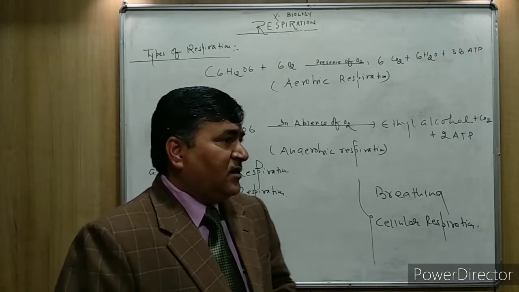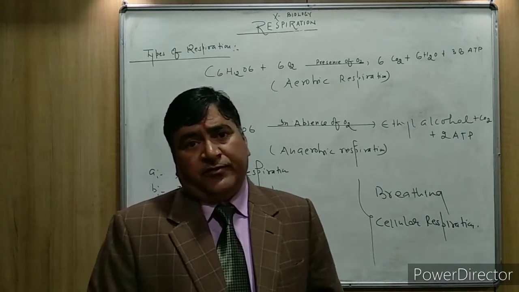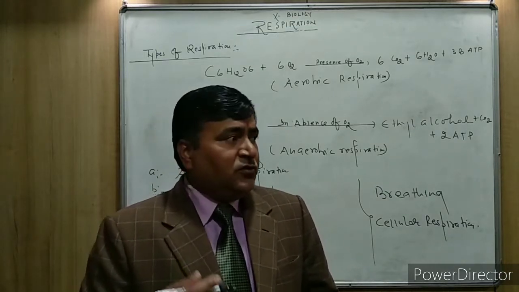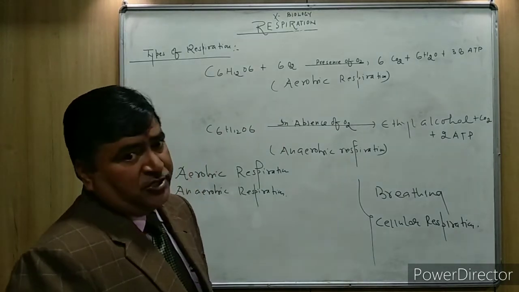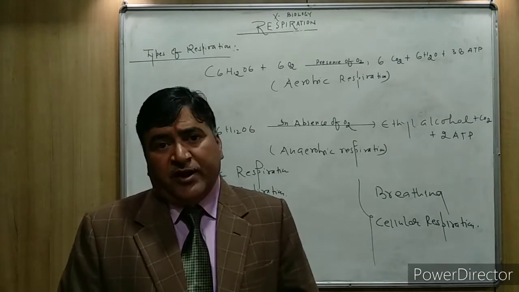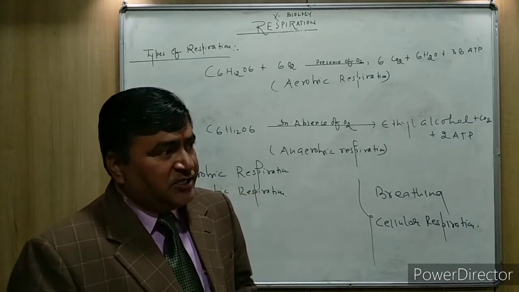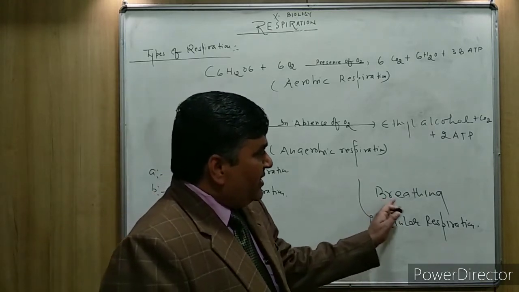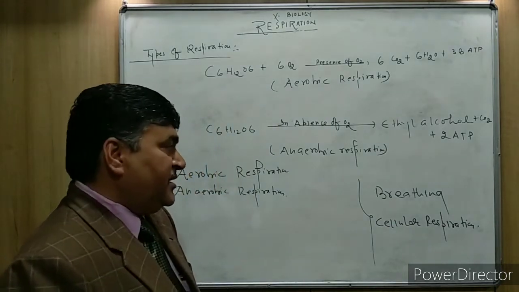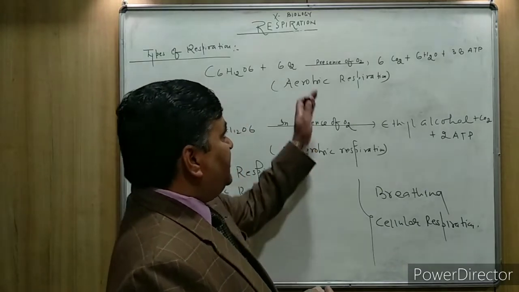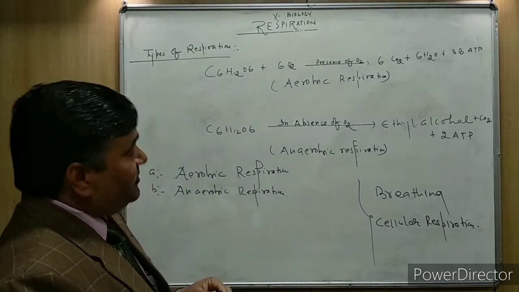Once you have taken the air from outside, the oxygen goes from our lungs to all the body cells and tissues, where oxygen is used to oxidize, to break down the food, that is glucose, and energy is produced. We will discuss the whole process of breathing later on in the human respiratory system. But this definition which I have told you is actually about the cellular respiration.